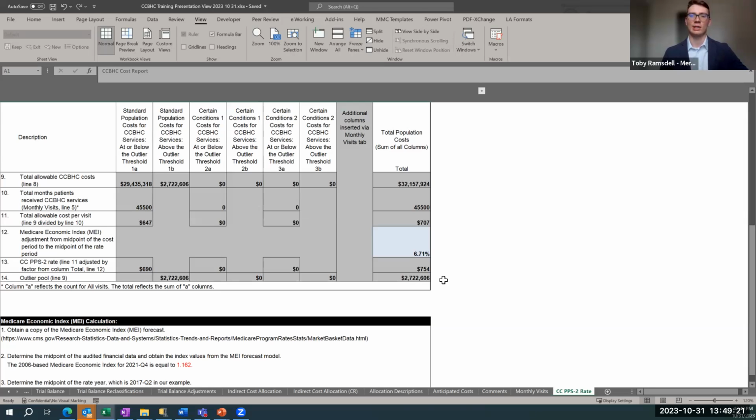I think that is the recipe for success in preparing your cost report and helping the state set up this whole CCBHC demonstration and get the rates approved at the state level. So I wish you all luck as you go forward and prepare your cost reports.